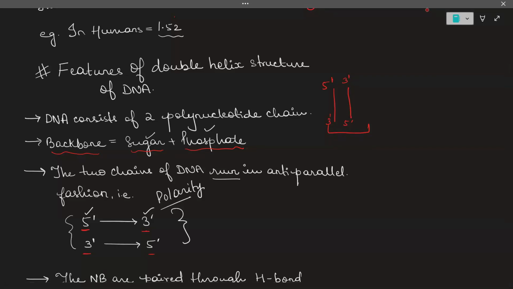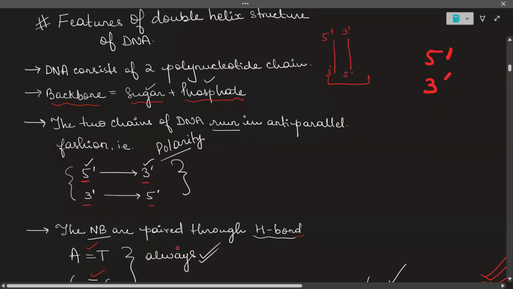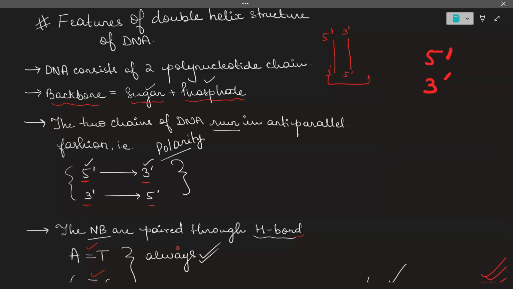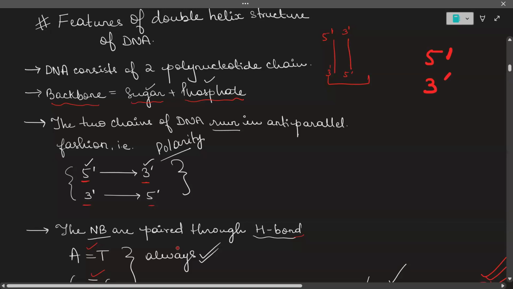The backbone of the chain is the sugar and the phosphate group. These two chains have a polarity, 5' and 3'. One polarity is from 5' to 3', and another is from 3' to 5'. So both chains are present in an anti-parallel fashion, meaning one will go from 5 to 3, and the other will go from 3 to 5.